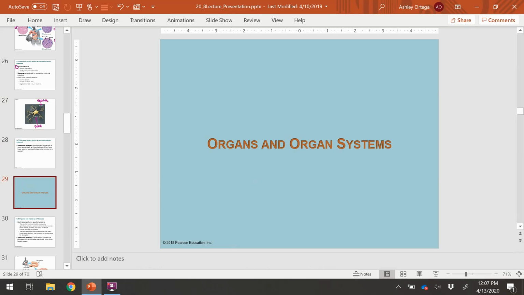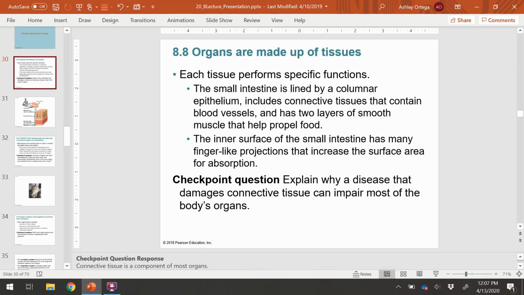So organs and organ systems will be our next thing now that we've looked at tissues. And so in organs and organ systems, each tissue performs a very specific function, and then they are grouped together with other tissues that perform other functions, and together they usually add a new functioning to the organ.